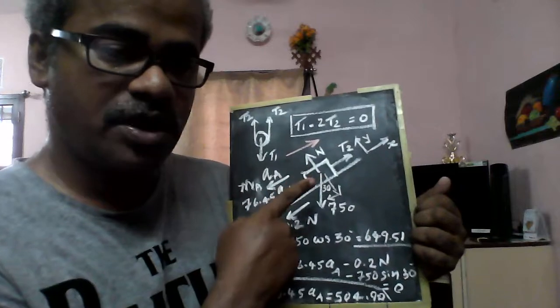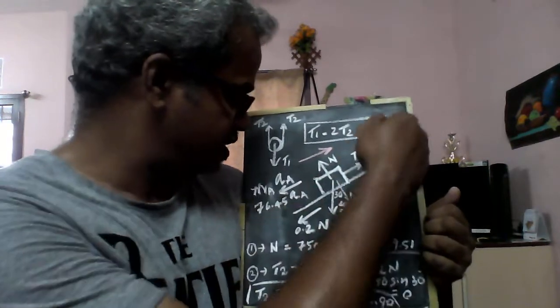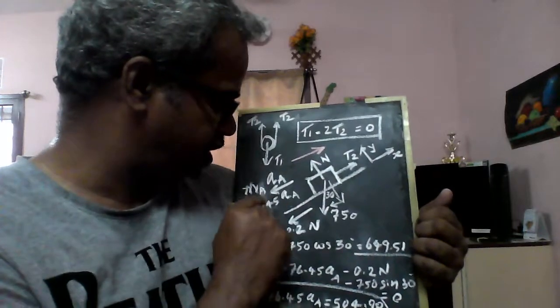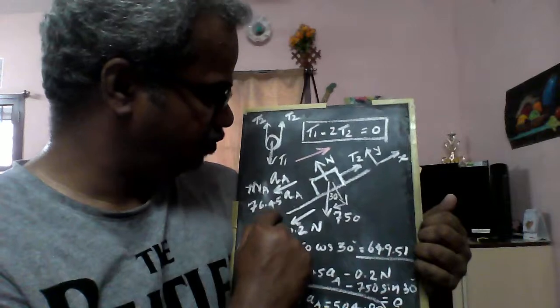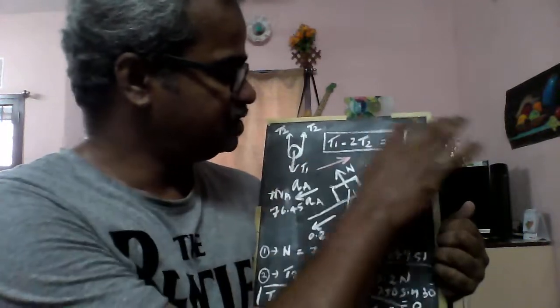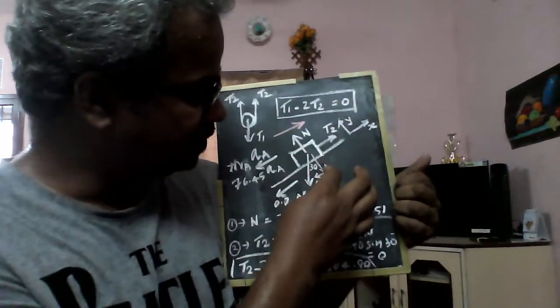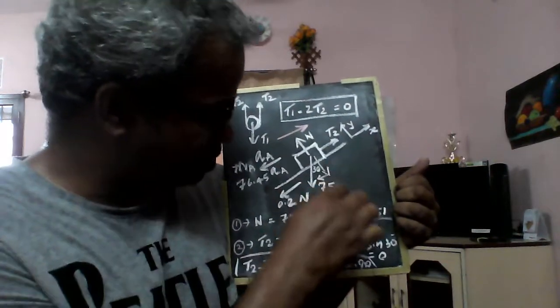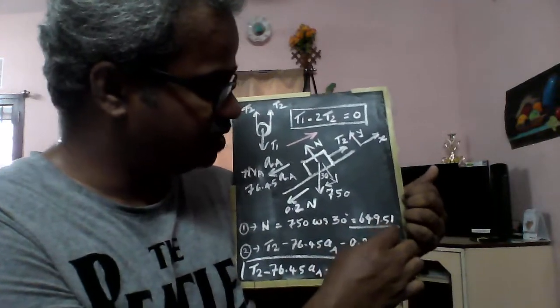Since the body is moving, to keep the body in dynamic equilibrium condition, there will be an inertial force I am substituting, that is MA into AA. What is MA? 76.45 into AA. So these are all the conditions. From this I can find out N. N is equal to 750 cos 30, that is 649.51.